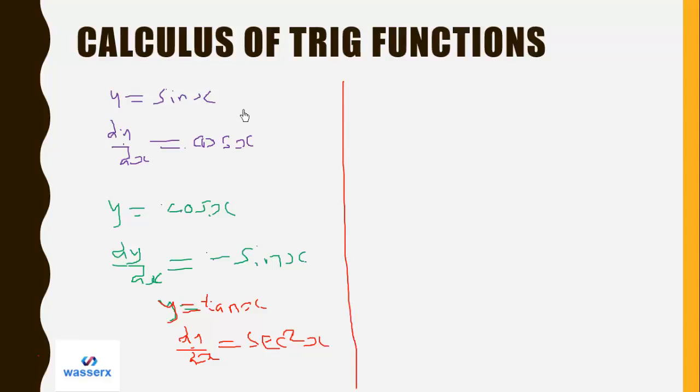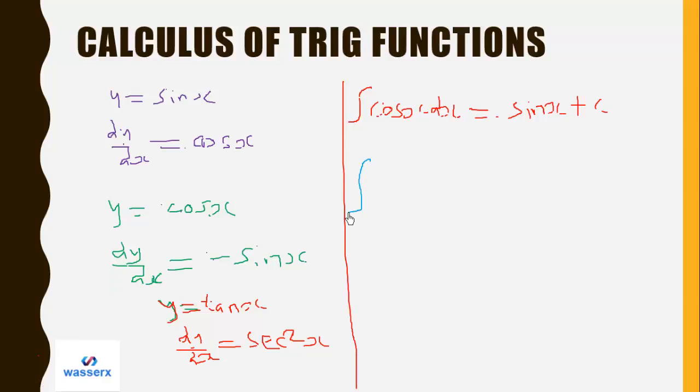Now the integral of cos x means what did we differentiate to get cos x? The integral of cos x is equal to sin x plus c, because that was what we differentiated to get cos x.